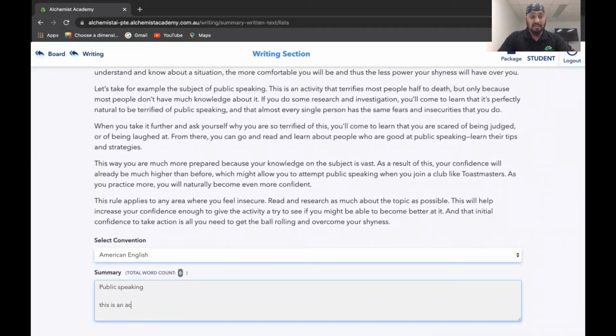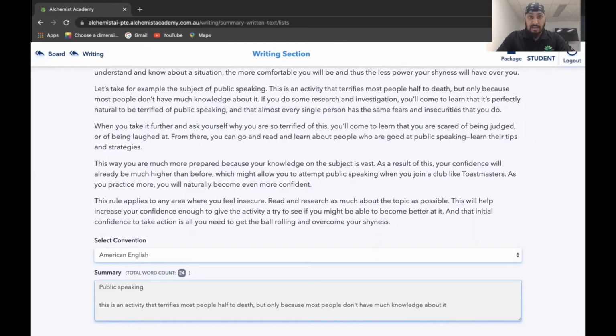This is an activity that terrifies most people half to death, because this is where I've got half to death, but only because most people don't have much knowledge about it. They don't have much knowledge about it.